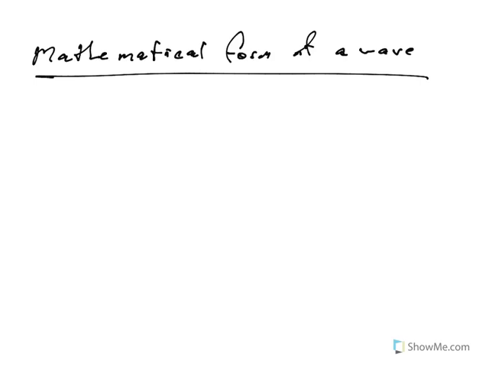And the equation goes like this: y equals A sine (2 pi f t minus 2 pi over lambda x).